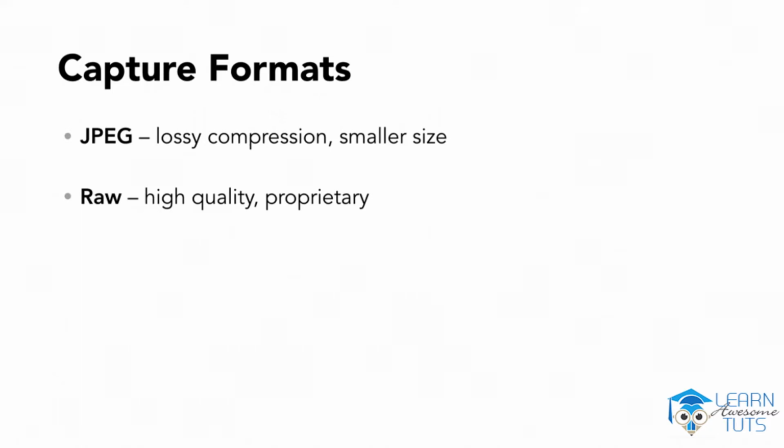RAW files still apply compression, but they do so using a different type of lossless compression so that the quality of the image isn't compromised. This gives RAW files significantly more flexibility when we're making edits and enhancements to the images because there's more information to work with.